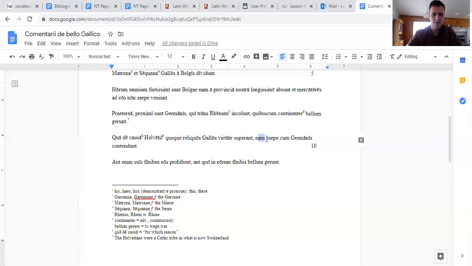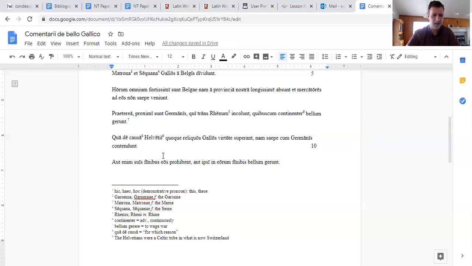For nam saepe, often, cum Germanis, with the Germans, contendunt, they are contending, they are fighting. So because of which, for which reason the Helvetians, I believe, also overcome the remaining Gauls with virtue, for often they contend with the Germans.